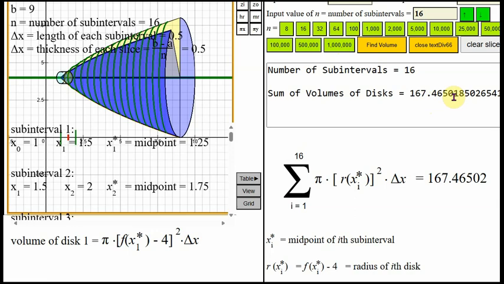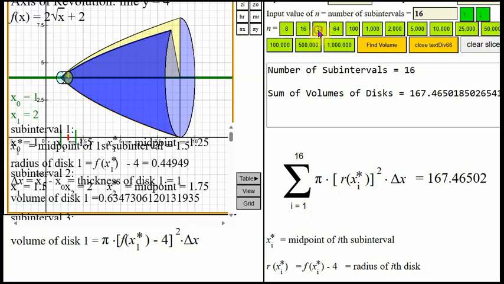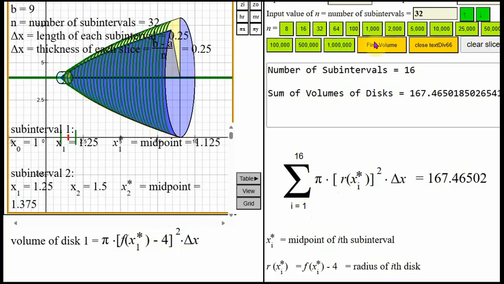167.46501. And so in this case, r of x sub i star would be the radius function, which is f of x sub i star minus 4. And then here i will run from 1 to 16. And then here is the volume for 32 slices, 167.5298.